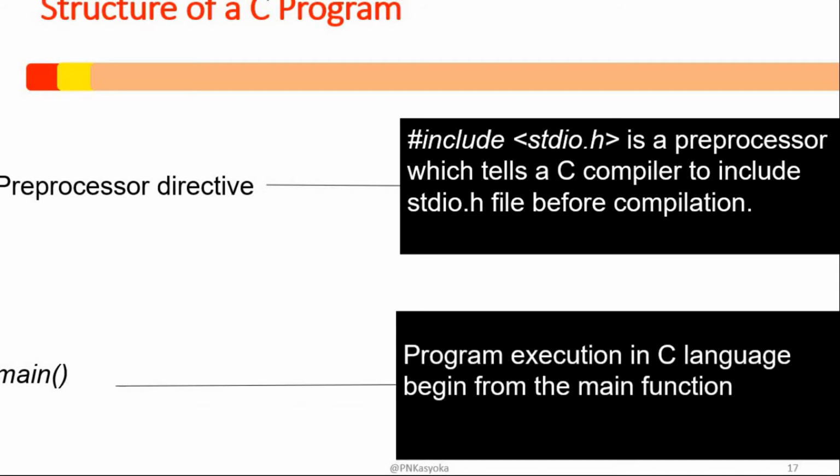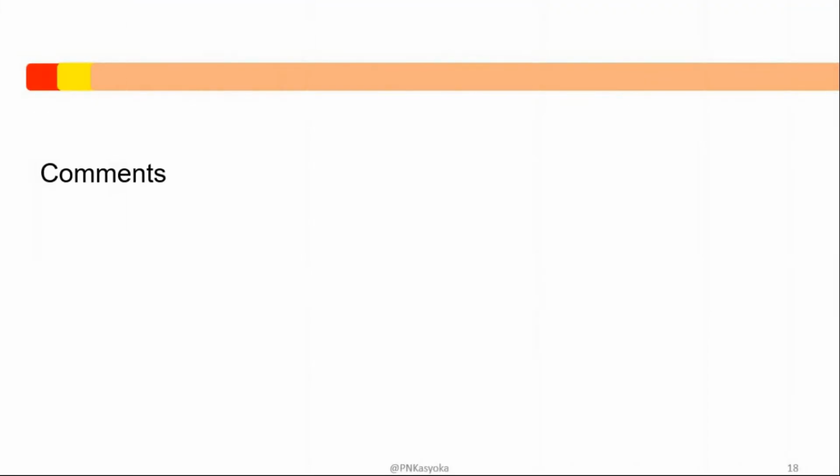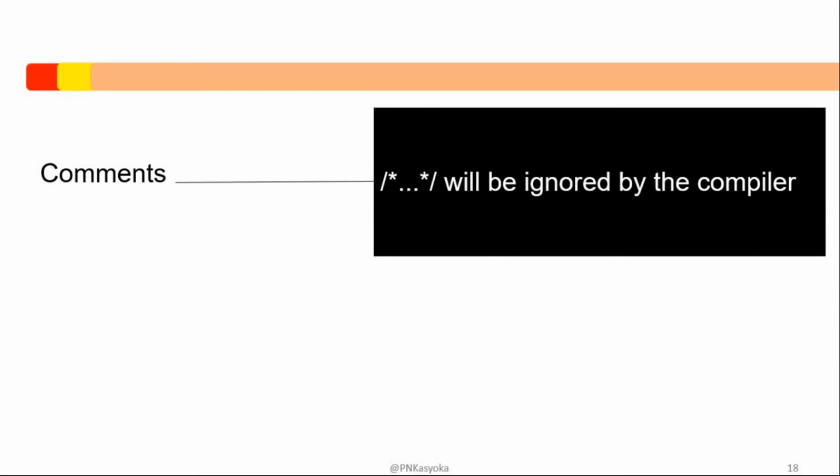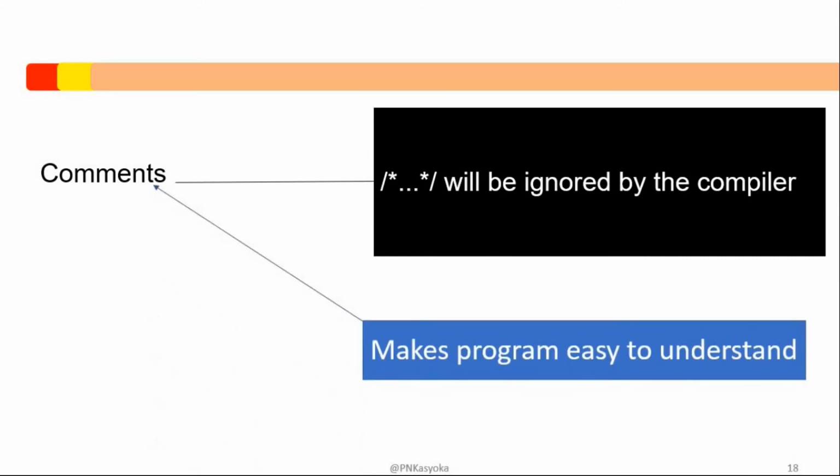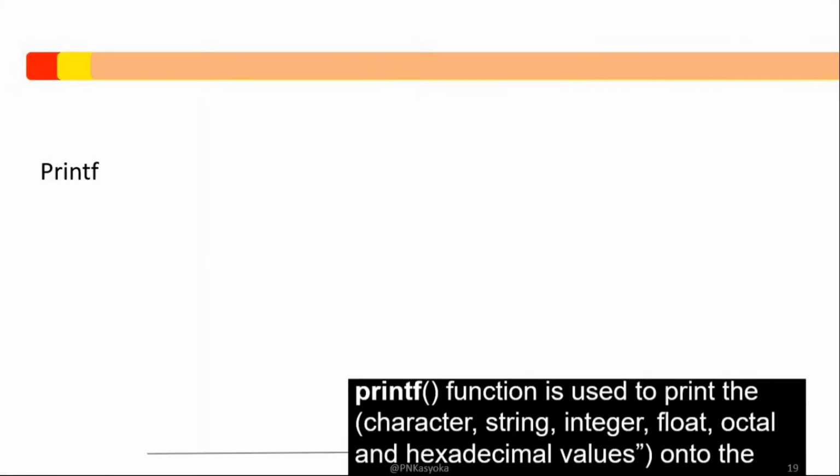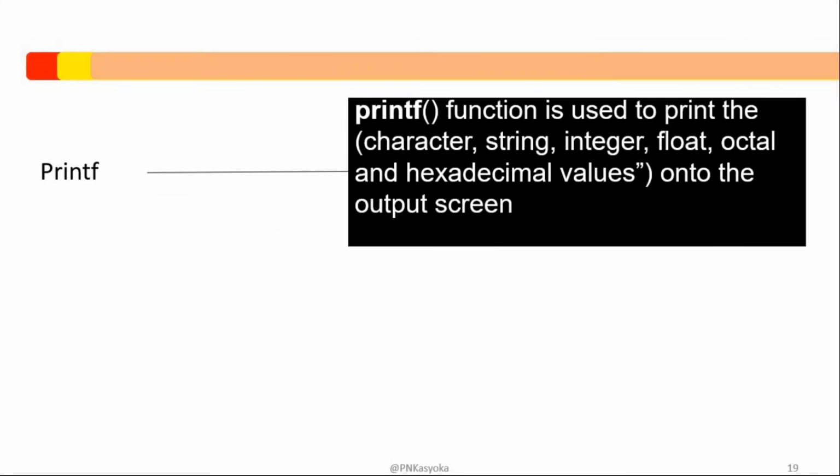In the main function, we say that will be the first function to be executed as we run our program. Comment sections: comments are ignored by the compiler, they are never executed. They are basically used for the purpose of making the program much easier to read and understand.